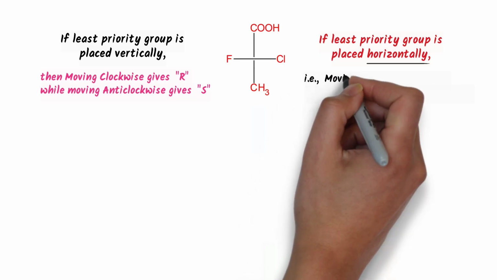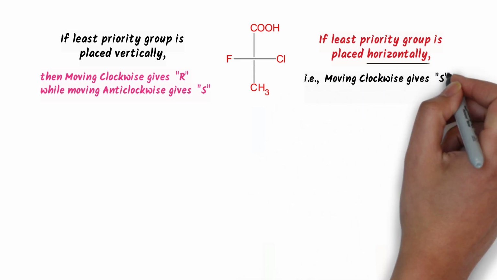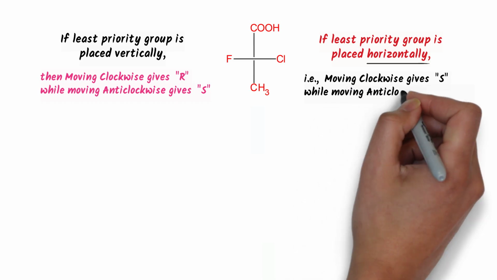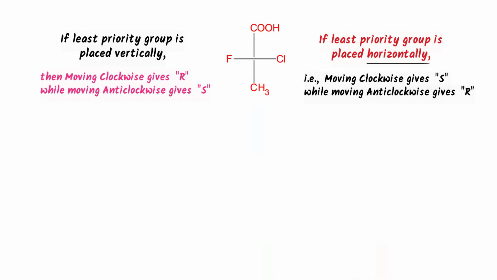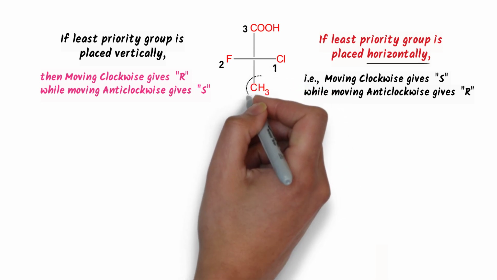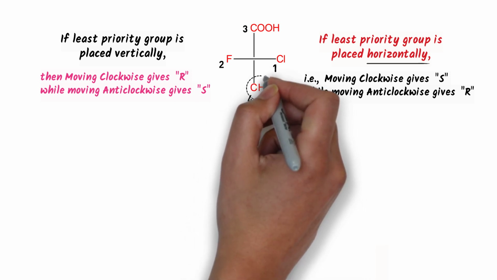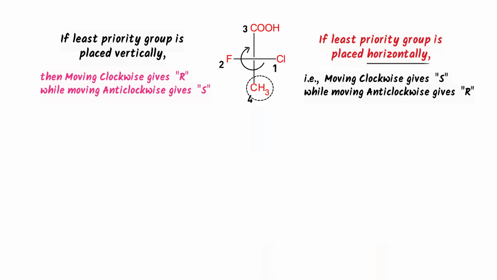That is, moving clockwise gives the S isomer, while moving anti-clockwise gives the R isomer. As you see in this particular molecule, the least priority group is methyl, which is placed vertically, so the assignment is straightforward. Moving clockwise will obviously give the R isomer.